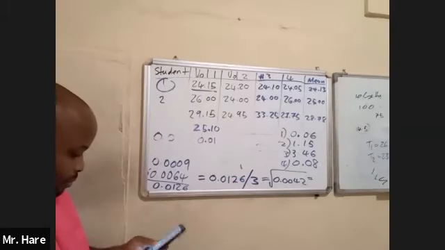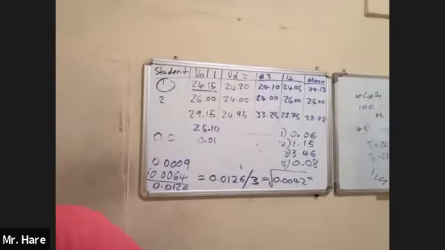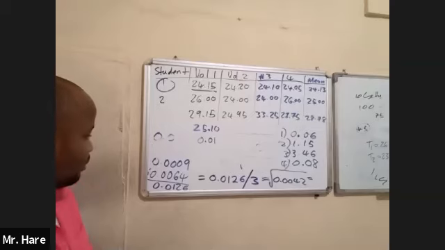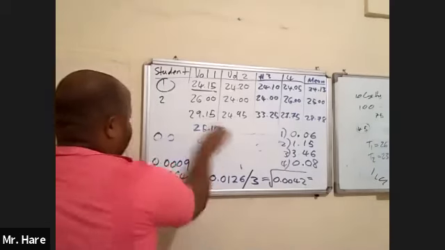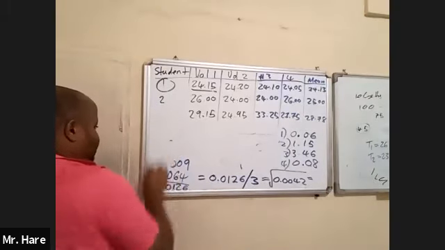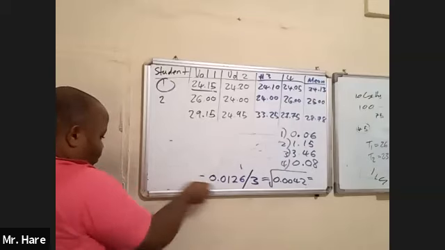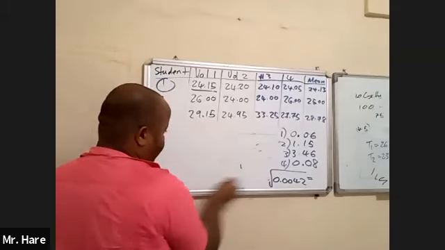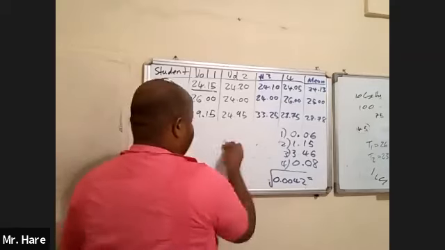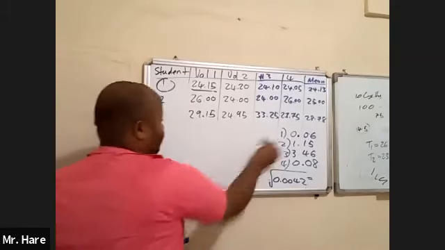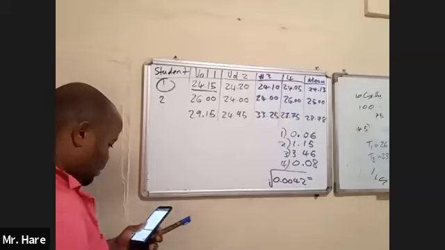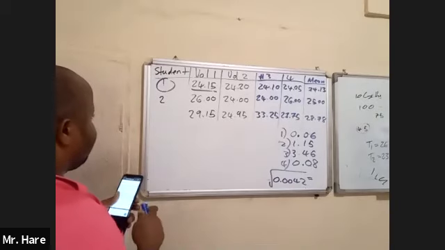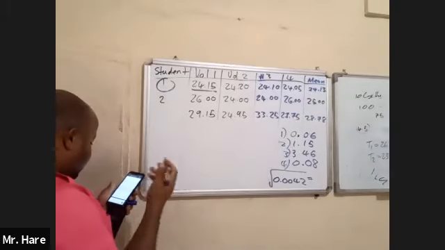Okay, can I work out all of them on the board, please? All right, so number 4, let's start with number 4.